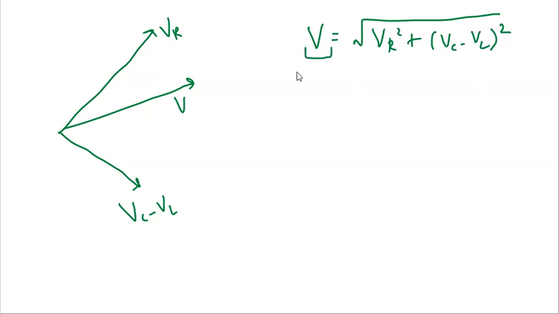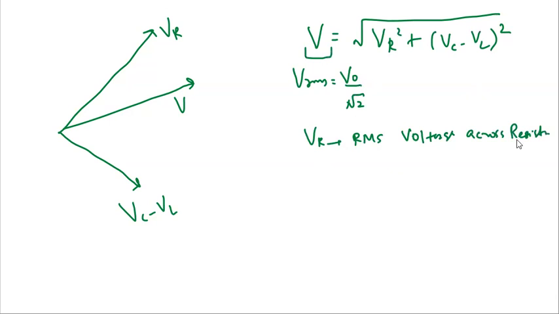And this V is the RMS voltage, that is V naught by root 2, where VR is the RMS voltage across the resistor.